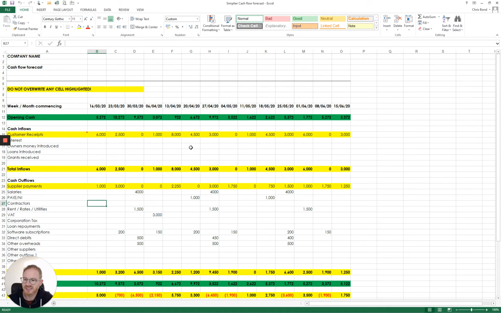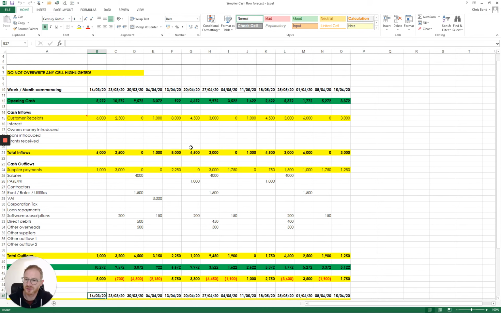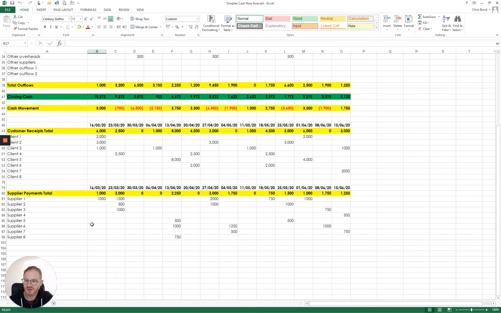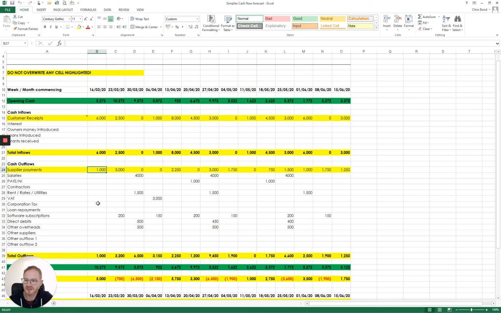And then we've got our cash outflows, which is money we're spending. Again, the supplier one is picking up from the total here. Then we've got your usual ones, which you can overwrite, adjust or delete, whatever you want to do with them.